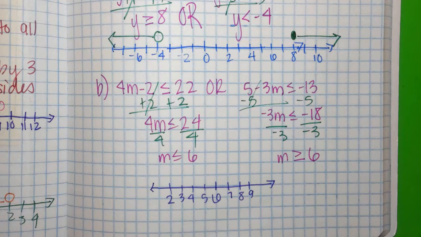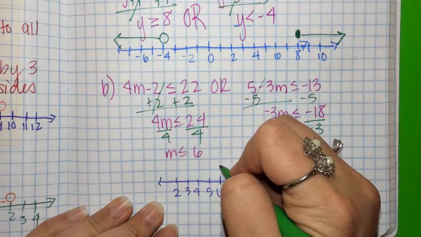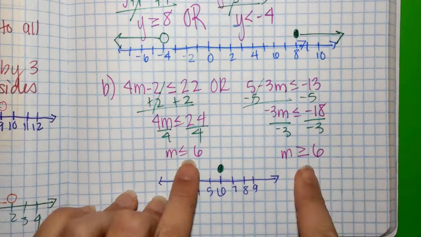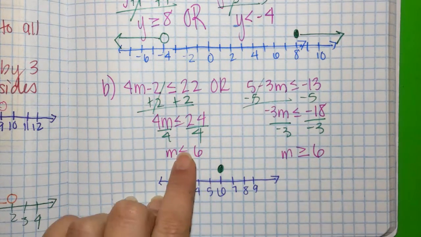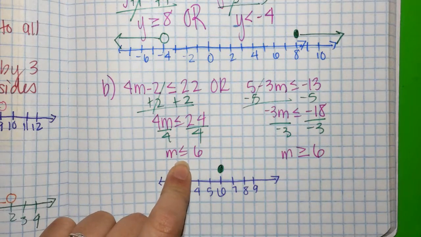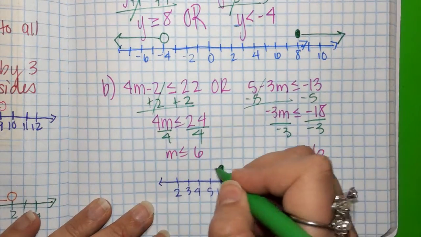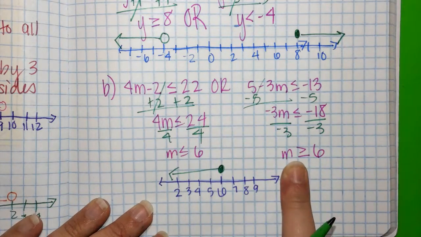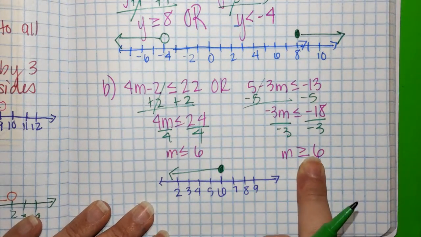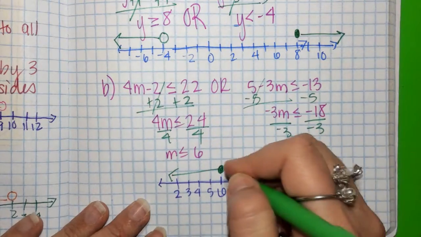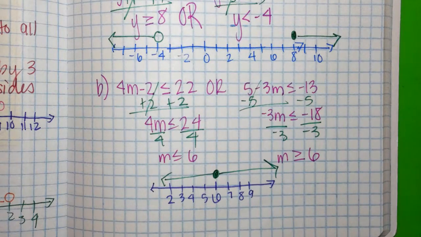Now, we're going to have a closed circle, correct? Both of our answers are 6, so we just need 1. Now, this says that m is less than or equal to 6. So what way is less than? To the left. And this one says, or m is greater than or equal to 6. Boom, we're done.